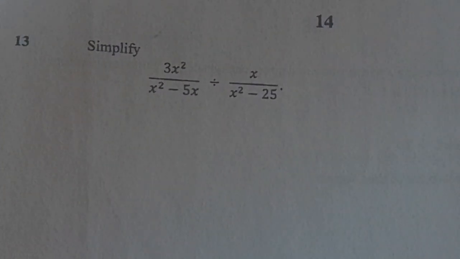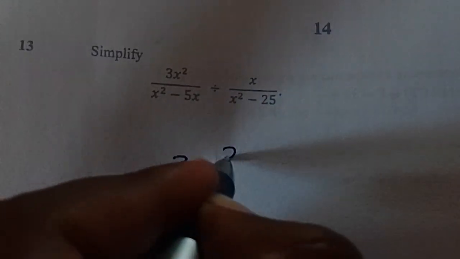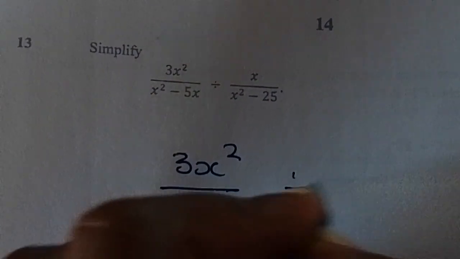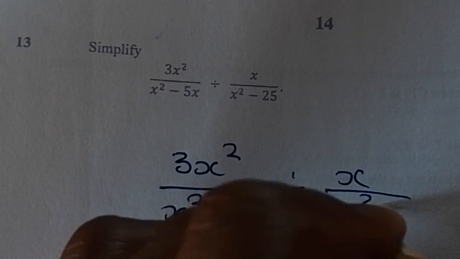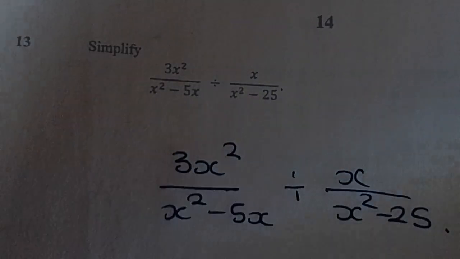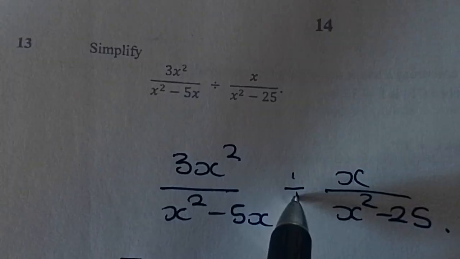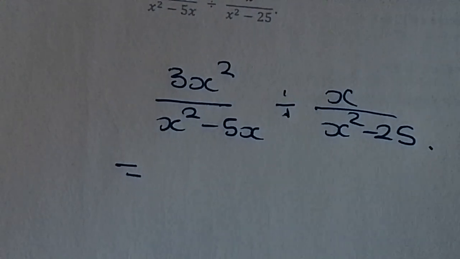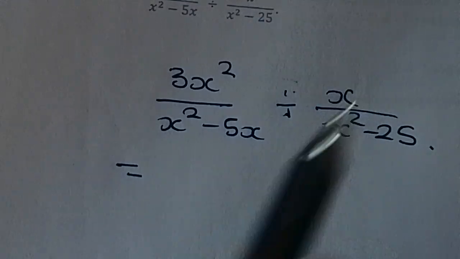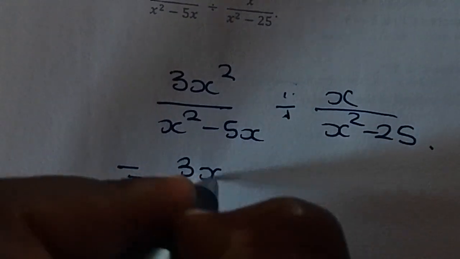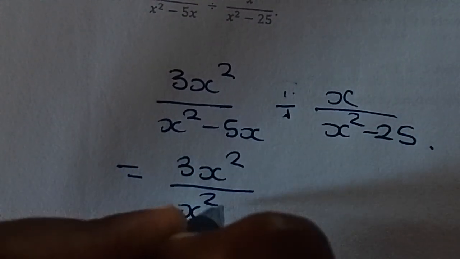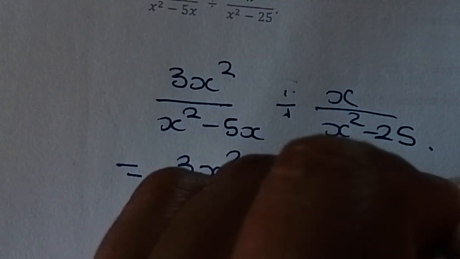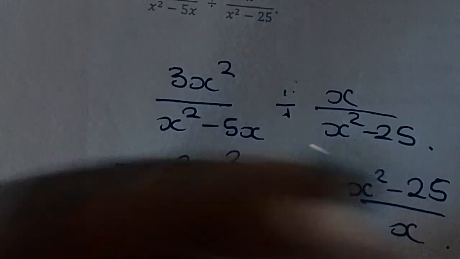Simplify 3x squared over x squared minus 5x divided by x over x squared minus 25. Right? Dividing, we are going to multiply. We change that division sign to multiplication, then invert the second fraction. So we have 3x squared over x squared minus 5x times x squared minus 25 over x.